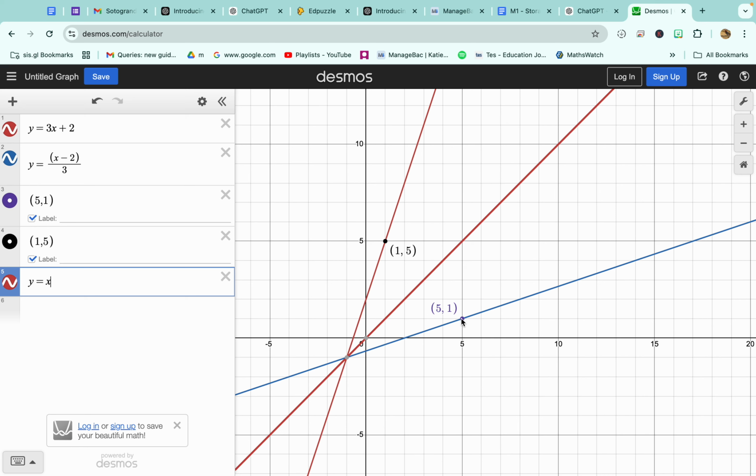So to get a point from the function such as 1, 5 onto the inverse function, you just swap the coordinates around. So 1, 5 becomes 5, 1.